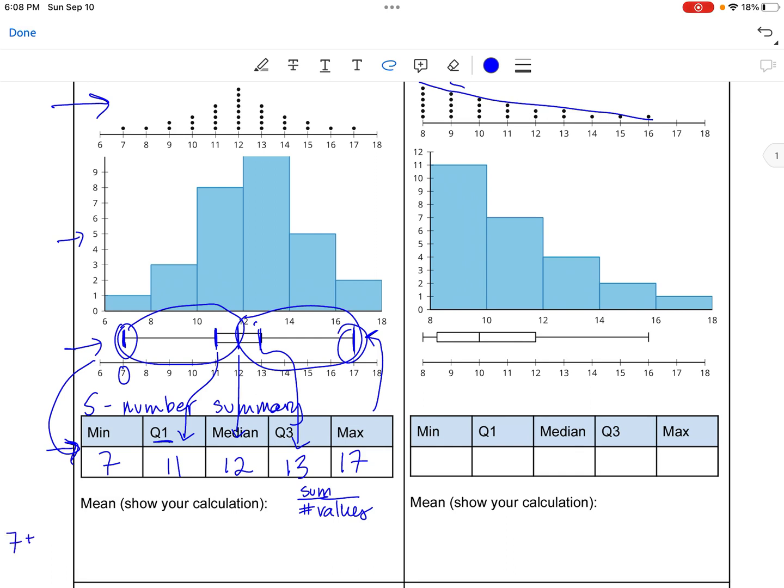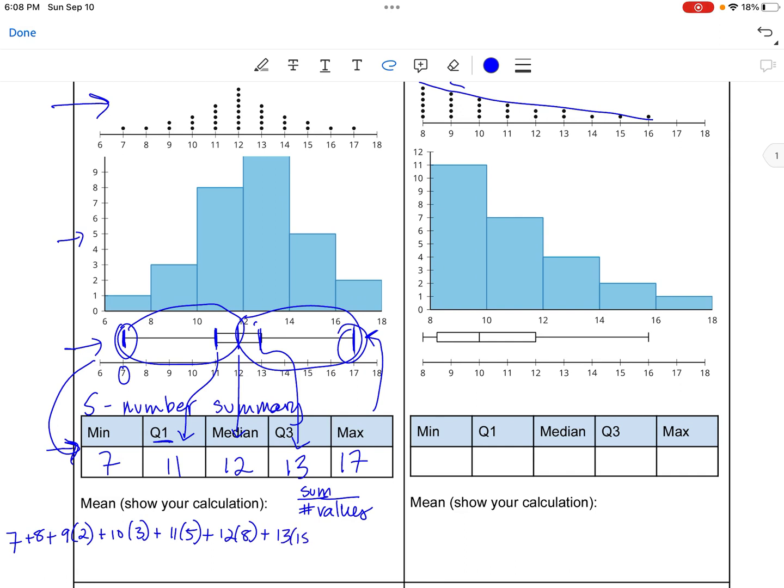There's 1 7, there's 1 8, there's 2 9s. Here's how I'm going to write this: 9 and then parentheses, meaning times 2. And then there's 3 10s, 10 times 3. There's 5 11s, 11 times 5. There's 8 12s.